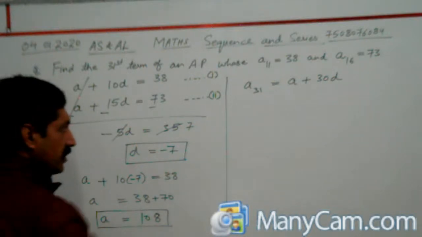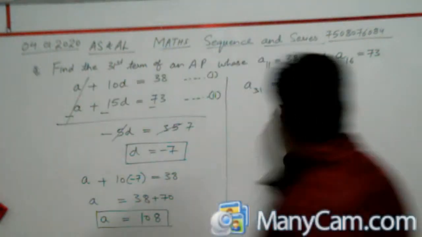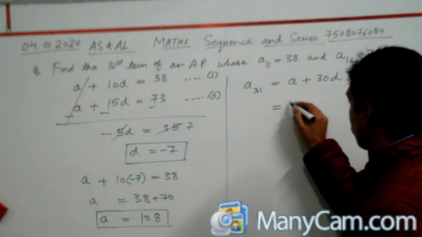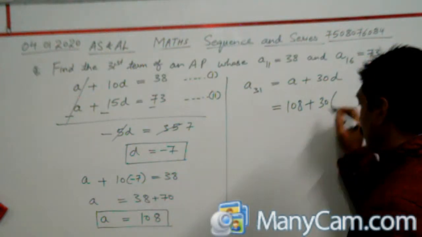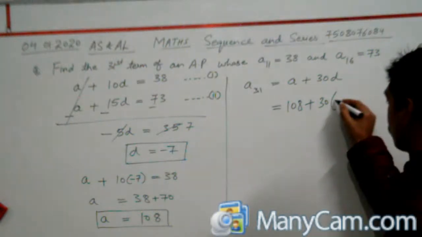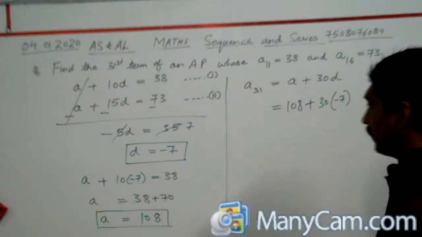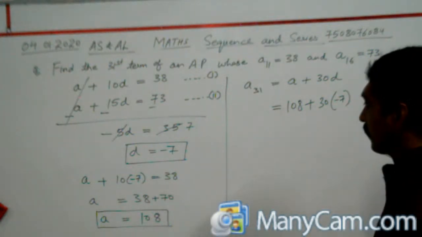So 31st term is equal to a plus 30d, that is 108 plus 30 into d. What is the common difference? d is minus 7, right? d is minus 7.